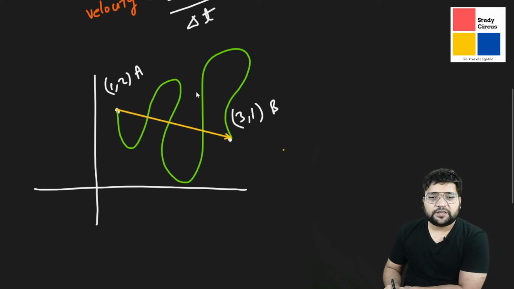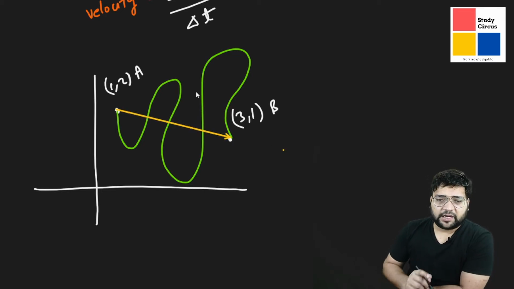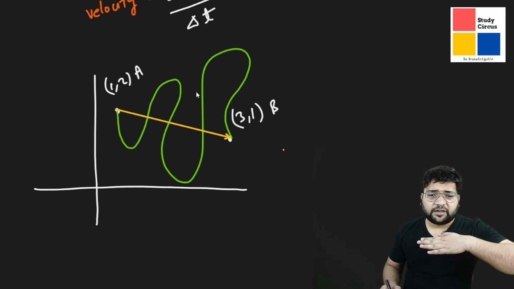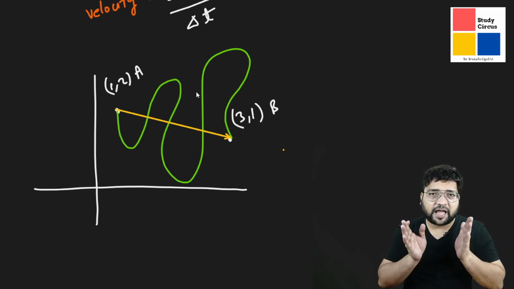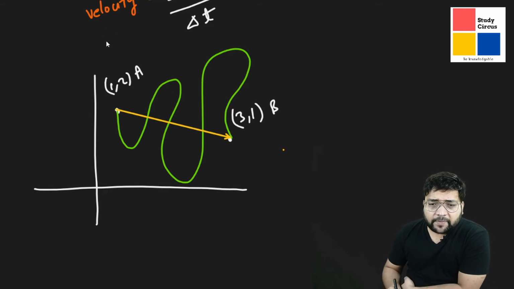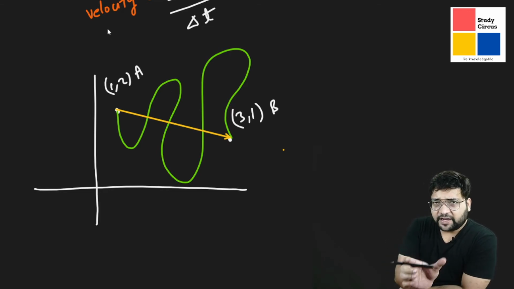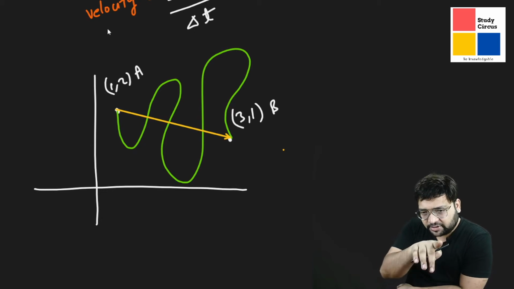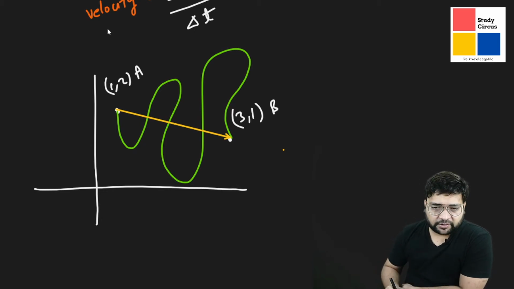From A to B, this is the displacement. It has a particular direction, that is the direction of that yellow vector, and it has some magnitude also, right? What is the magnitude? The length of that yellow vector. That is the displacement in the direction that is denoted by the yellow vector.